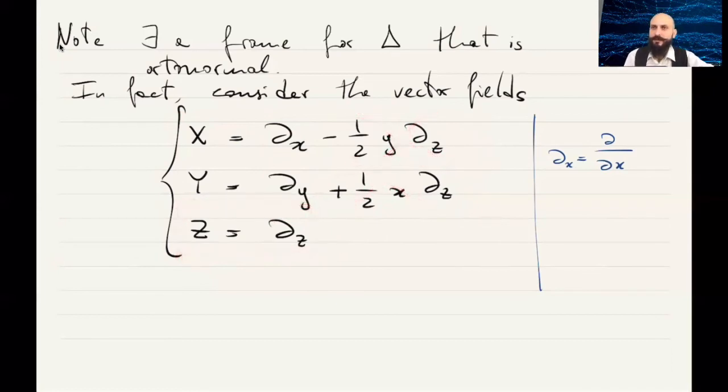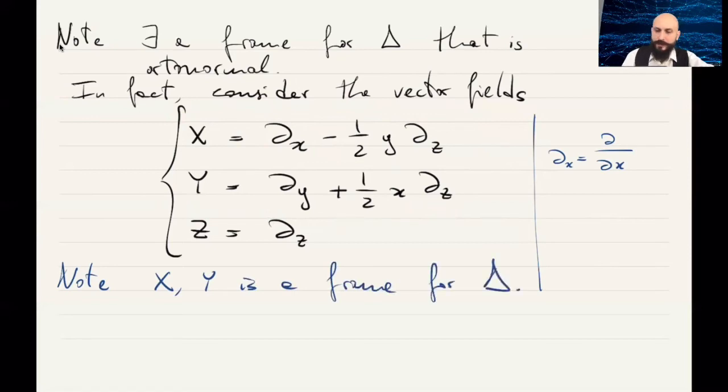Okay, so this is a frame of R3, and we can think that this frame is also giving a Riemannian metric. But now what I want you to notice is that X and Y is a frame for delta. Let's clarify this. Of course, these are two linearly independent vectors at every point, so at every point they span a plane, the plane of this plane field at that point.